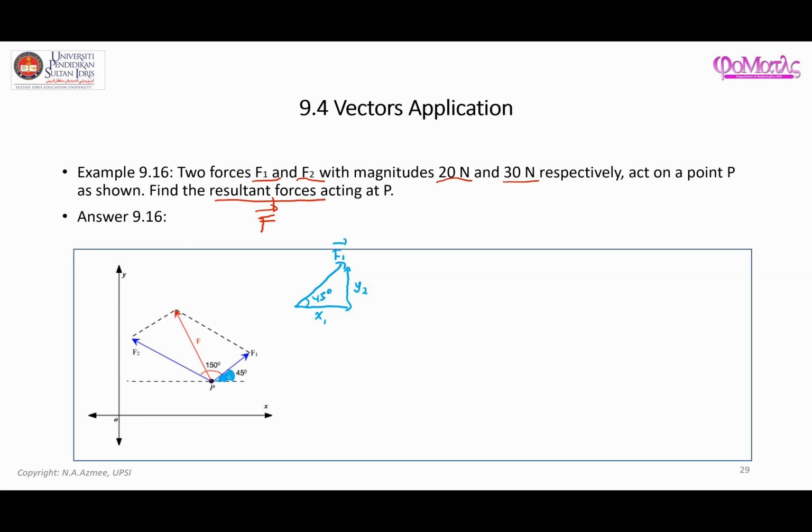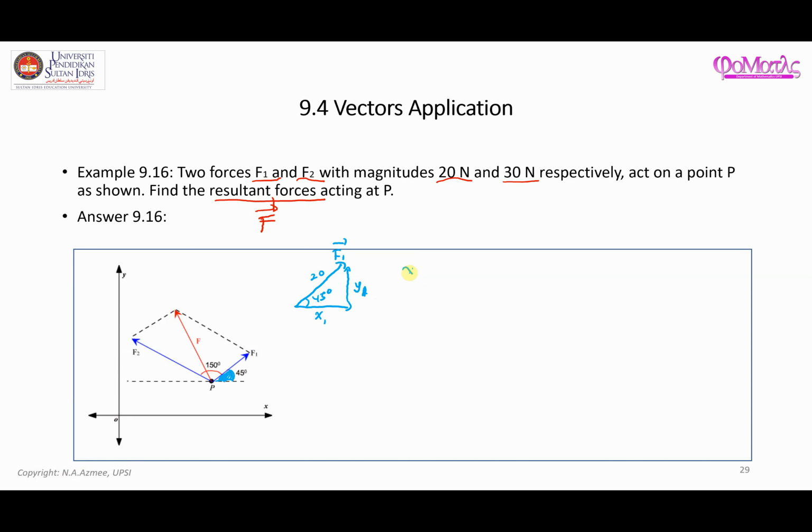We can see that this is a right angle triangle, so we can find x1 and y1 by applying the Pythagoras theorem. The magnitude of this vector is 20 Newton.